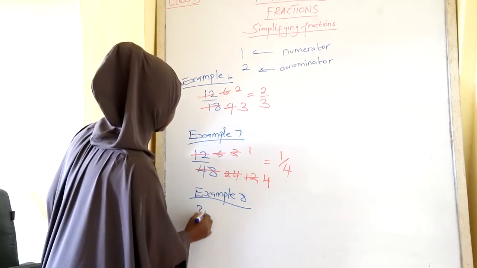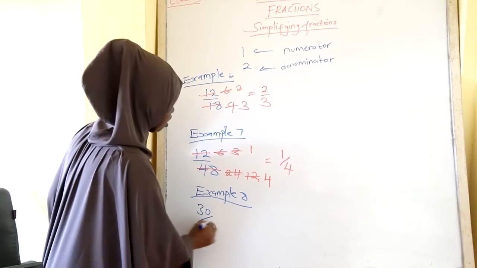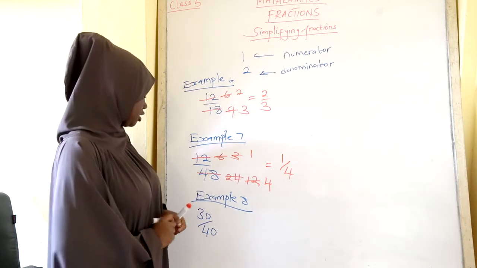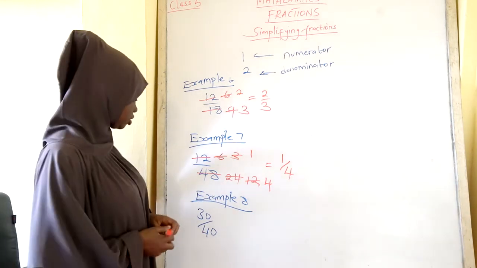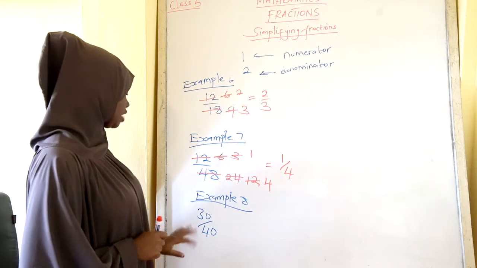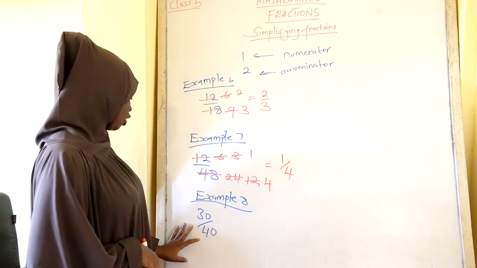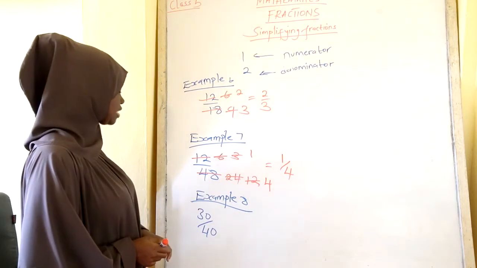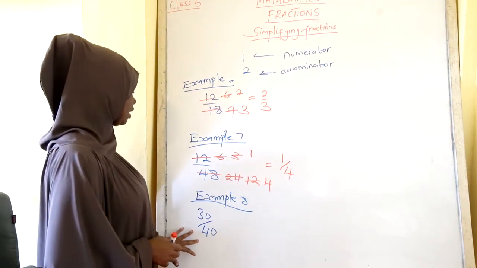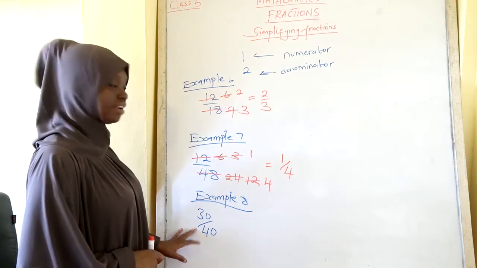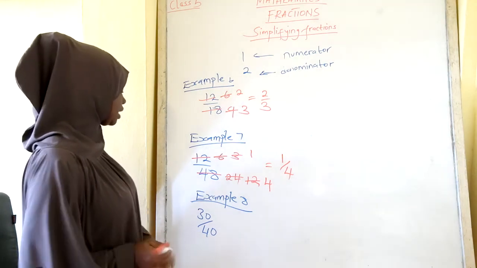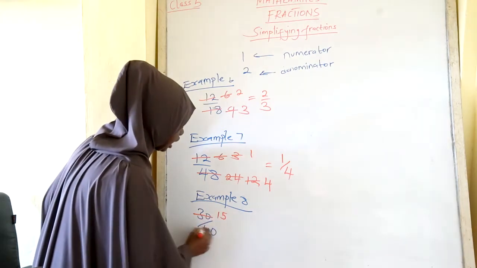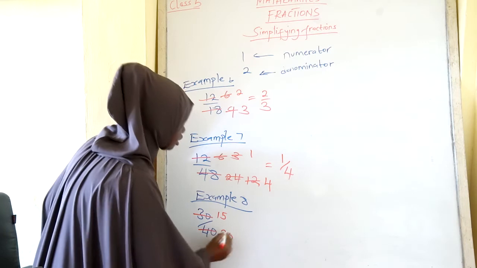we have 30 out of 40, and we are told to simplify the fraction. As I have said, we are going to look at the common divisor that can divide both the numerator and the denominator. So we are going to start by number 2. 2 can divide both the numerator and the denominator. So 30 by 2 will get 15, 40 by 2 will get 20.